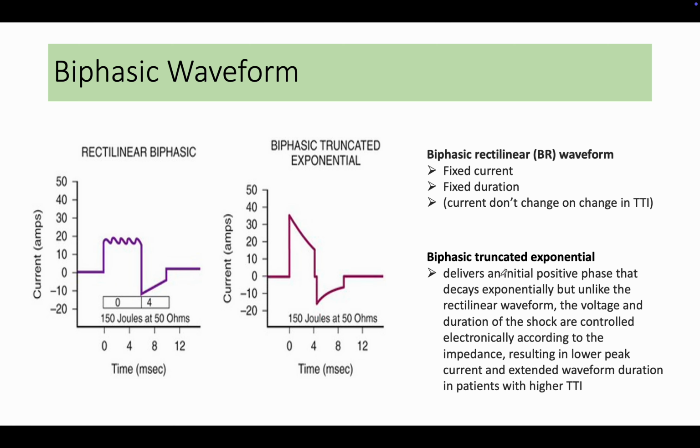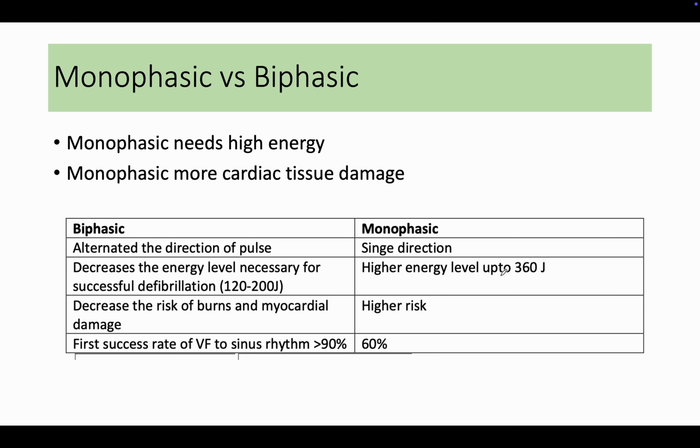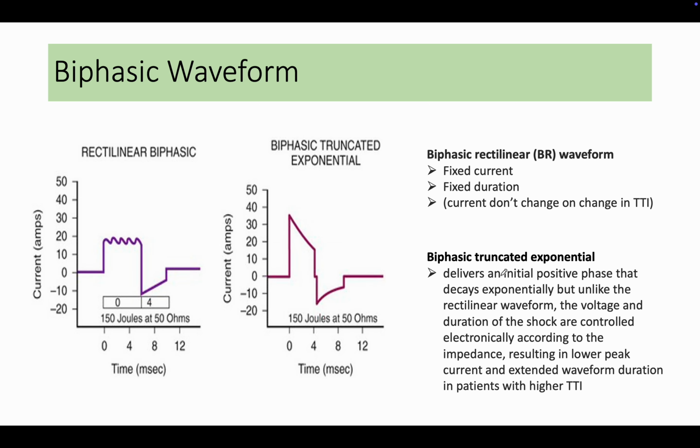As we described earlier, the biphasic waveform has rectilinear biphasic and biphasic truncated exponential types. What is the difference between these? As shown in the figure, in the biphasic rectilinear waveform there is a fixed current. For example, the current has been given up to 20 ampere, always fixed.